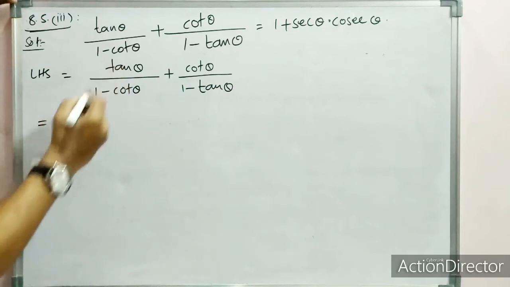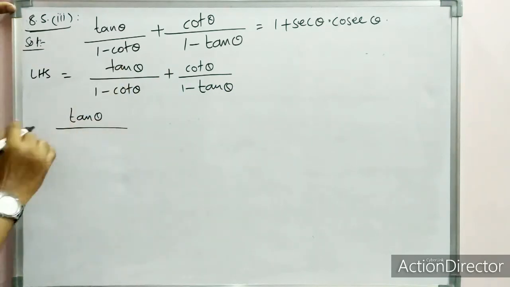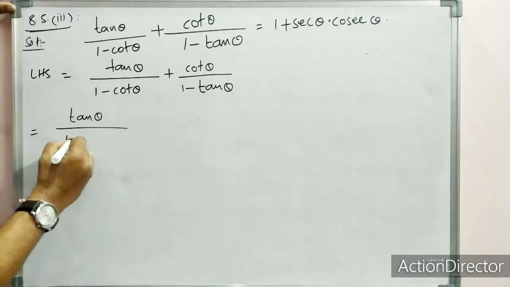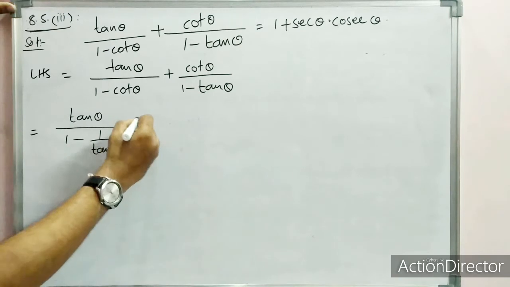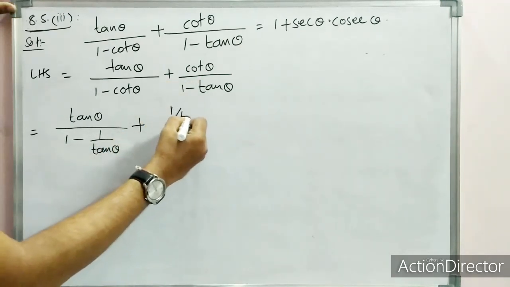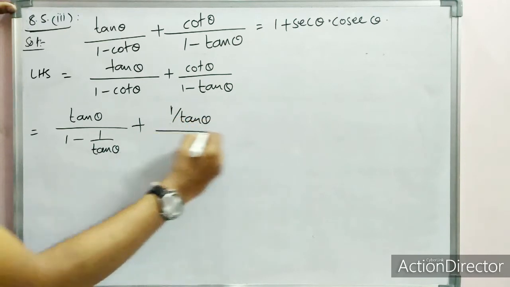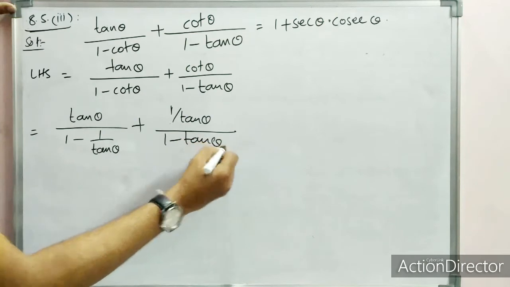Now you see tan theta by the denominator 1 minus cot, I am writing cot in terms of tan theta, and plus cot again in terms of tan theta, (1 by tan theta) by the denominator 1 minus tan theta.